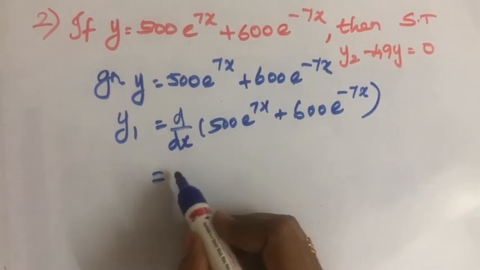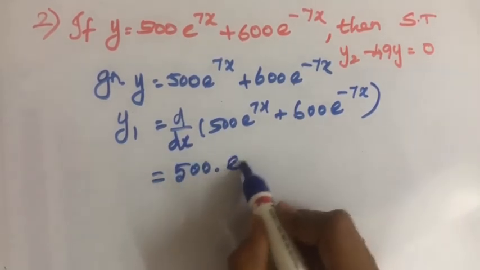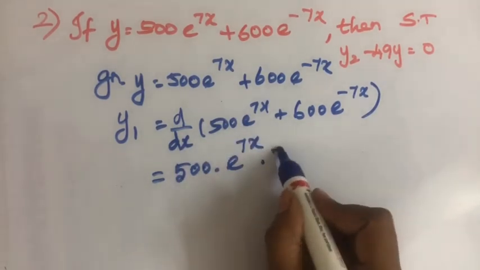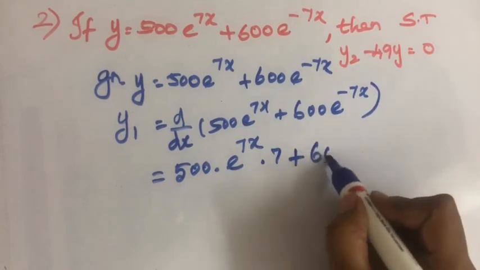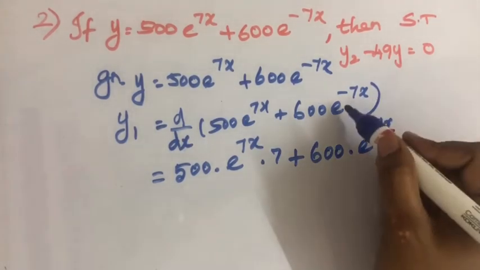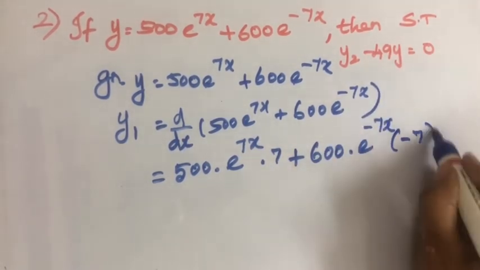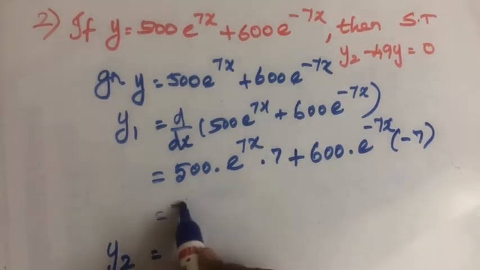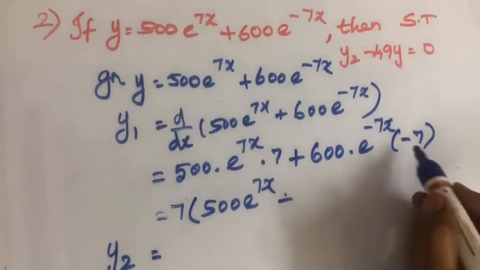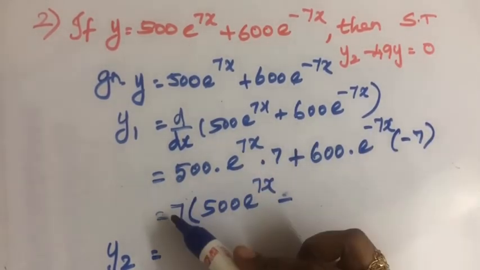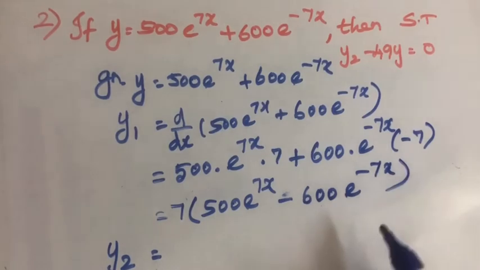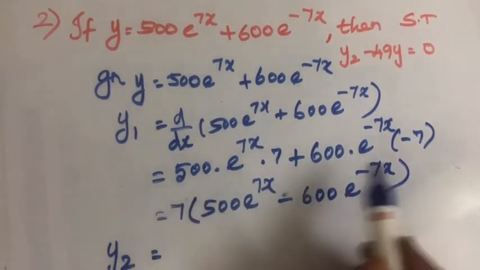While differentiating, 500 into e power 7x, the differentiation of e power x is e power x, so e power 7x into 7, plus 600 into e power minus 7x into minus 7. So 7 into 500 e power 7x minus 600 e power minus 7x. I took 7 as common from these two expressions.